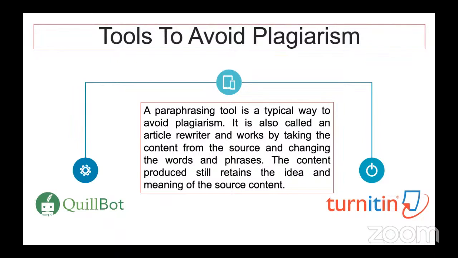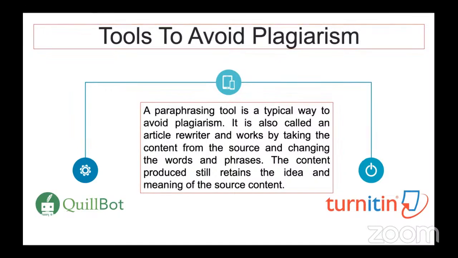Tools to avoid plagiarism. As we already discussed, there are different tools available which can help you. A paraphrasing tool is a typical way to avoid plagiarism. It is also called an article rewriter and works by taking the content from the source and changing the words and phrases. The content produced still retains the idea and meaning of the source content. There are different software available. Article rewriter is one of them.